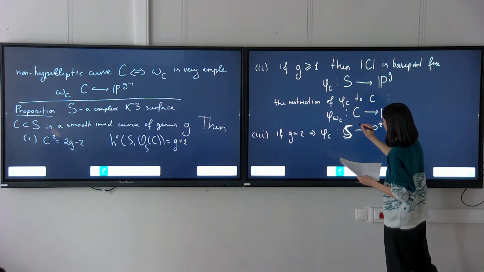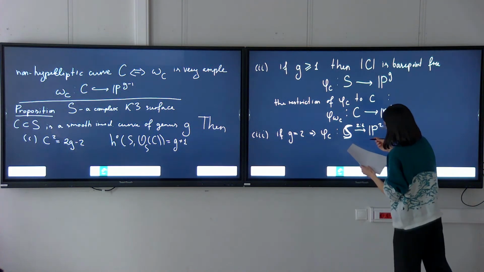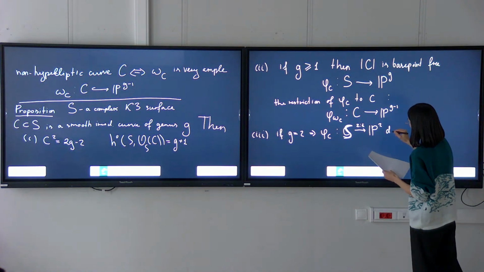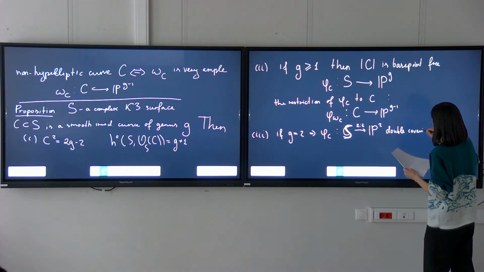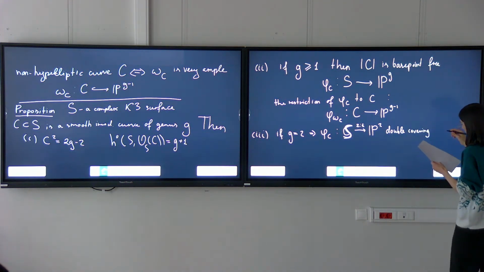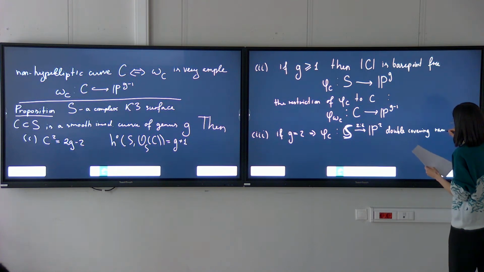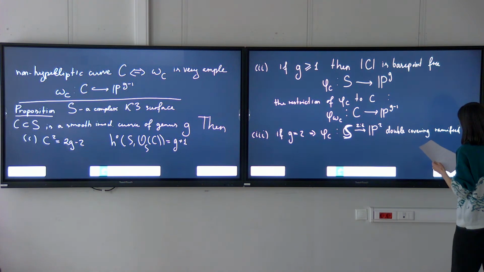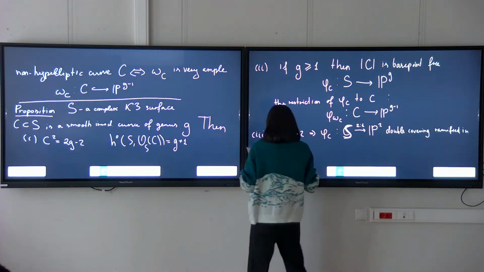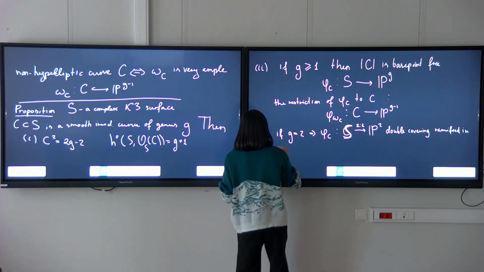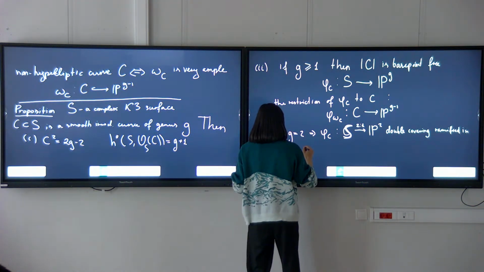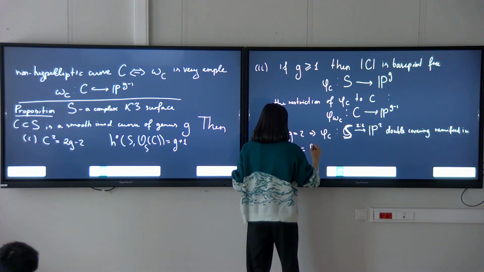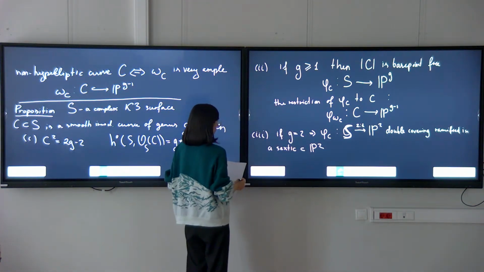So this is a map of finite degree, and in fact this is a double covering ramified in a sextic in P2. Okay?